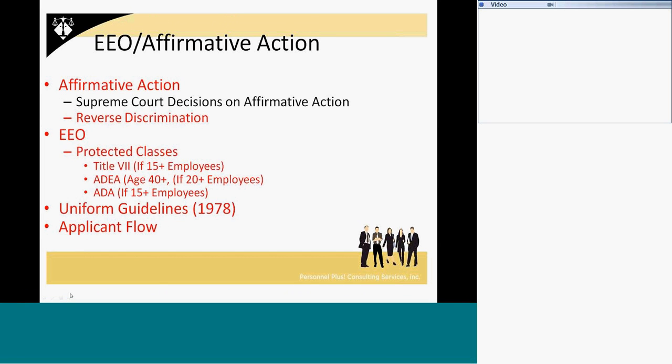So, with hiring and staffing in general, one of the concepts that you're going to run into is equal employment opportunity, and then, a little bit differently, the concept of affirmative action.